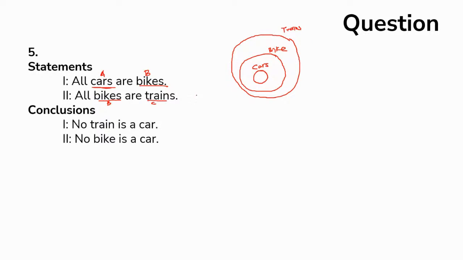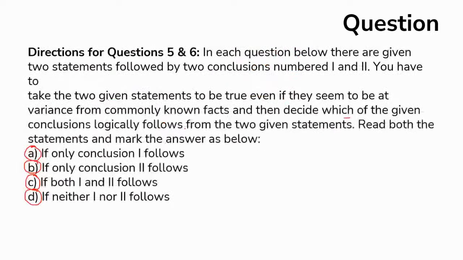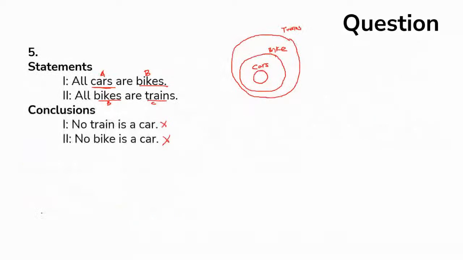That can happen, so in that case the first conclusion is false. It cannot follow. And the second conclusion, no bike is a car, means there shouldn't be any connection between bikes and cars. That is also not going to happen, so the second conclusion is also false. From the answer options, which say if neither 1 nor 2 follows, I'll be going for option D. So the answer option for this question is D. So that will be your answer.